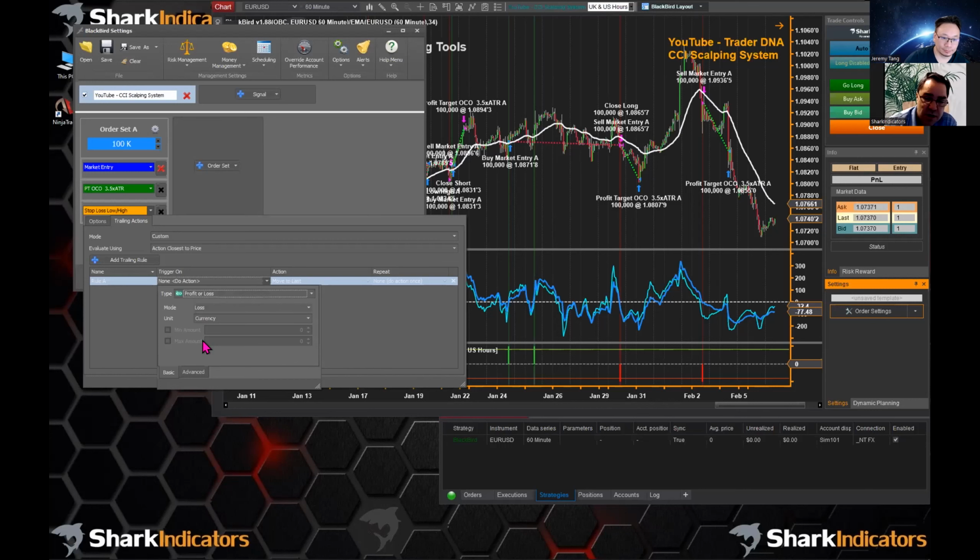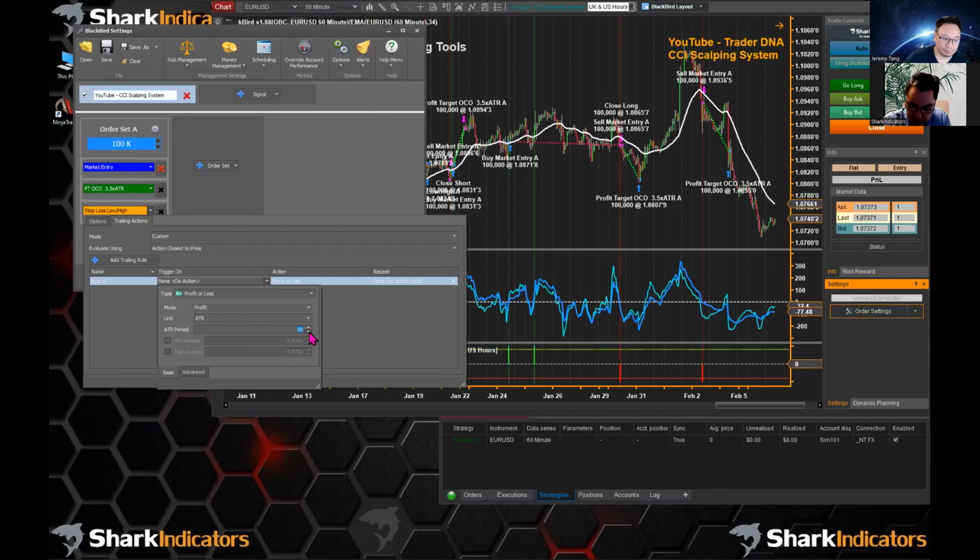So in this case, we're going to use the profit or loss, and that is our trigger to then move the stop loss. You can see we could measure the profit in a number of different ways: the currency, ticks or points, or percent, but we're going to go with the ATR here.